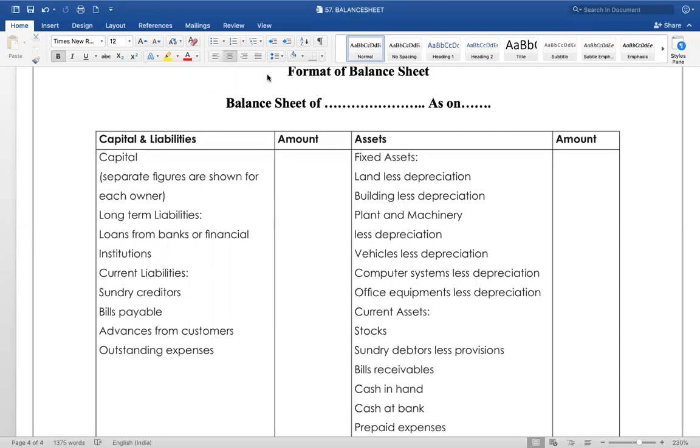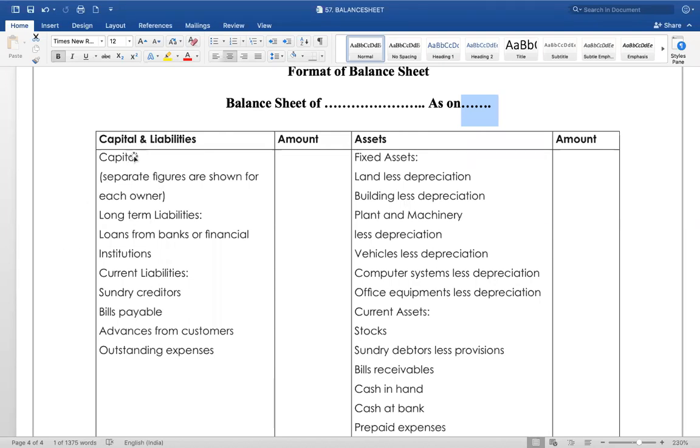It can be any name, but you have to write as on 31st March 2021, or 31st December 2020, or any date that is given. This is the heading, right?